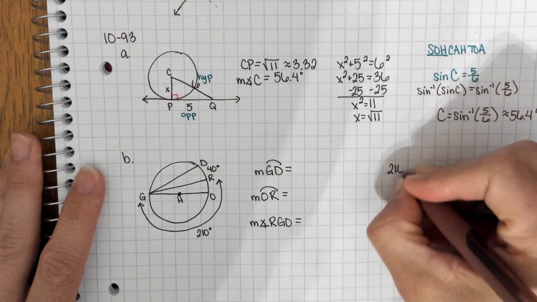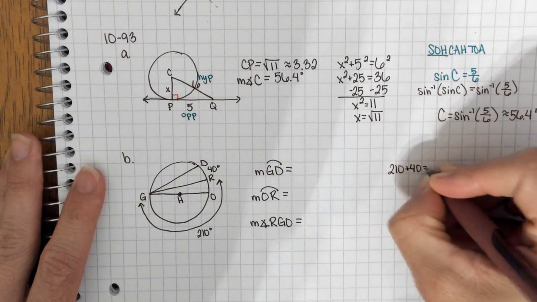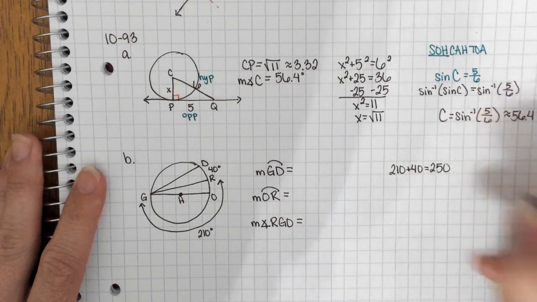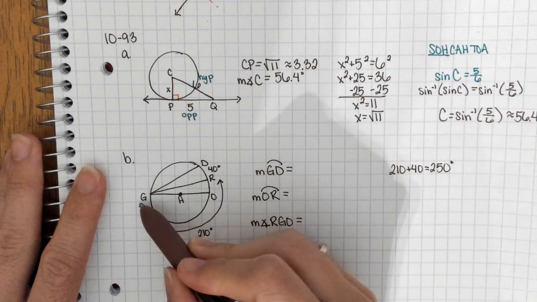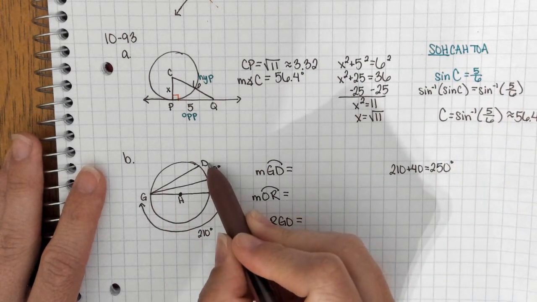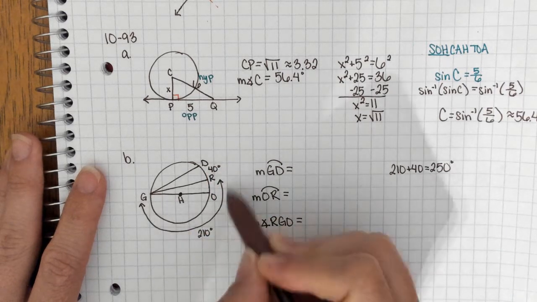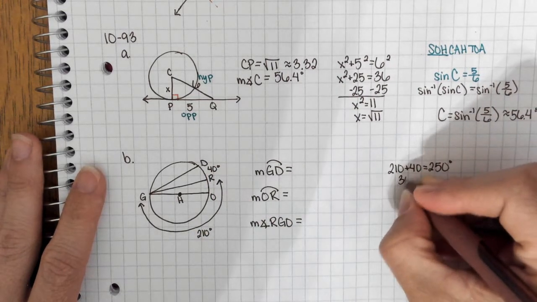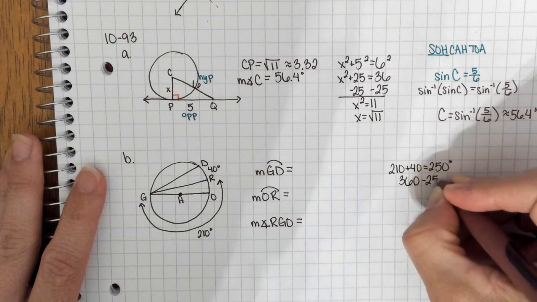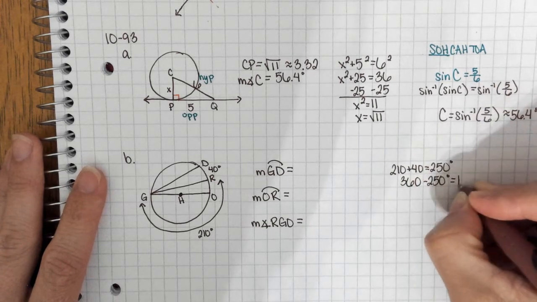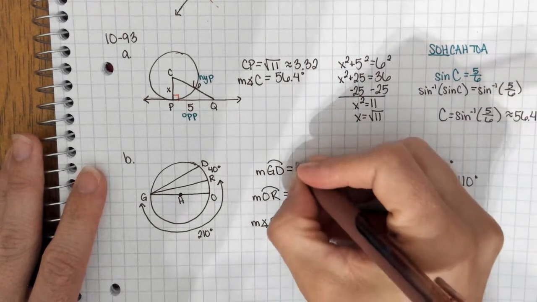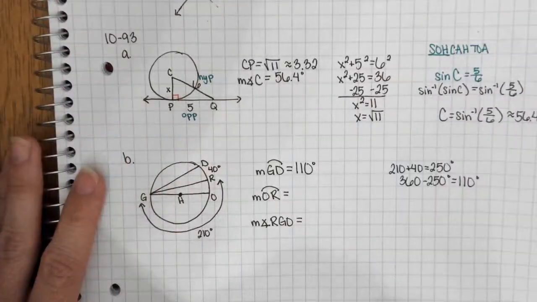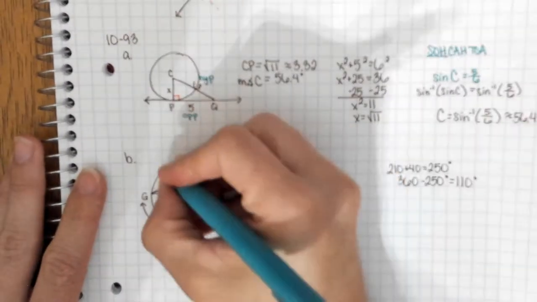So 210 plus 40 is 250. So it's 250 degrees from G all the way to D, the major arc, the big one. So then we do 360 minus 250 to get 110. So the measure of arc GD is 110 here.